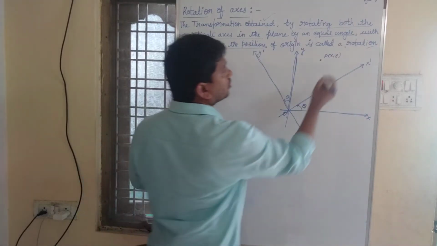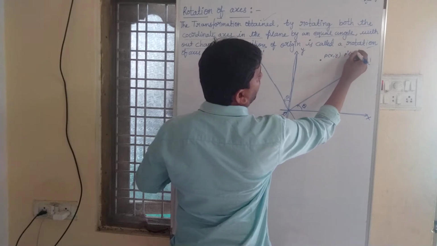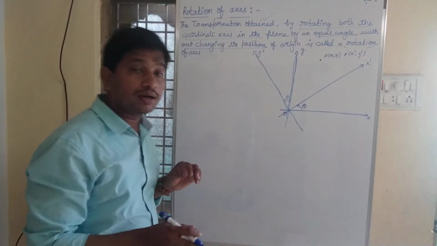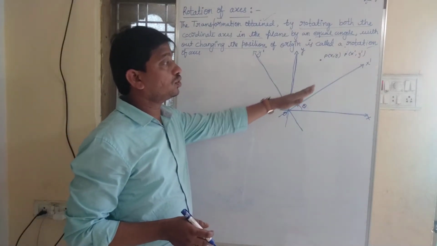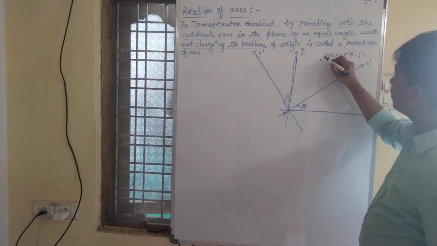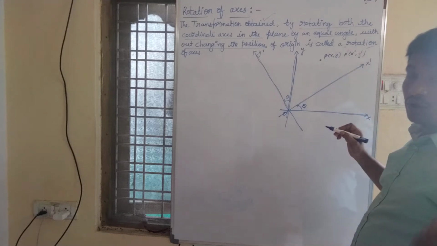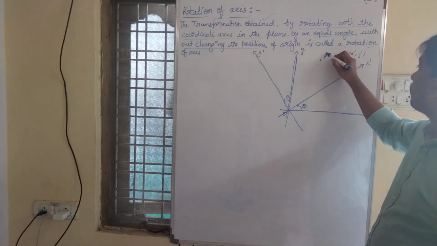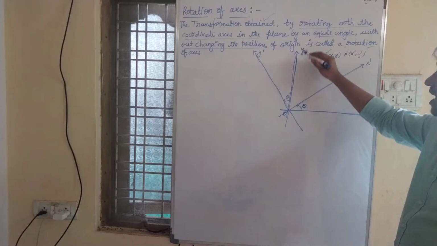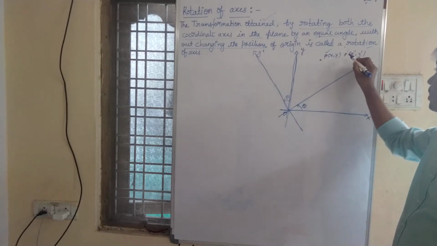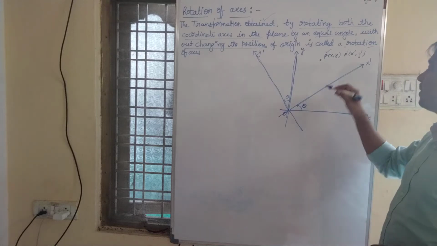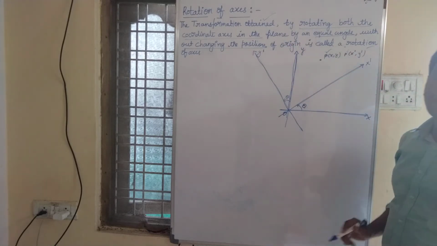And also P of x dash comma y dash is the point with respect to the new axes OX dash and OY dash. Is it clear, children? This P is a point in a plane with respect to the original axes OX and OY. And this point P of x dash comma y dash is also a point in the plane with respect to OX dash and OY dash.